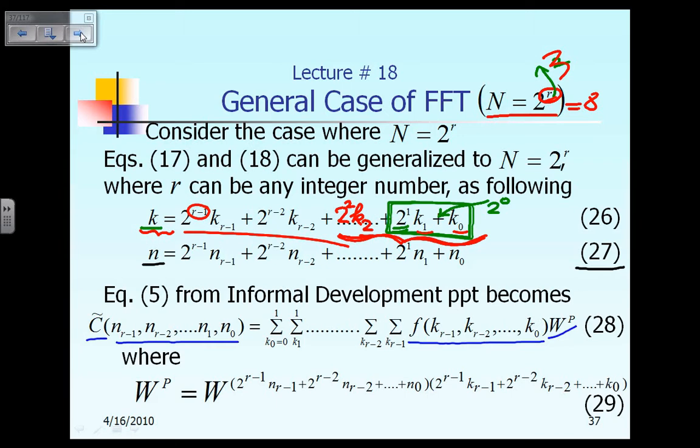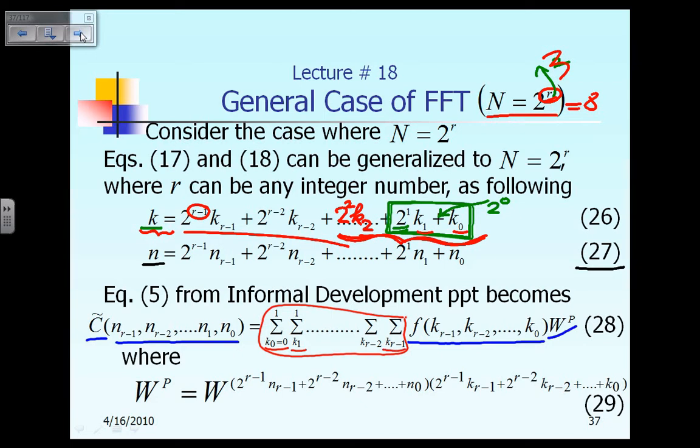If you have r equal to 3, you have 3 summations. Now you have r equal to r in general. That's why you have r summations. You see? Because you have the summation based on the index k0, index k1, k2, k3, and so on, up to k r minus 1. And that's why you have r summations.